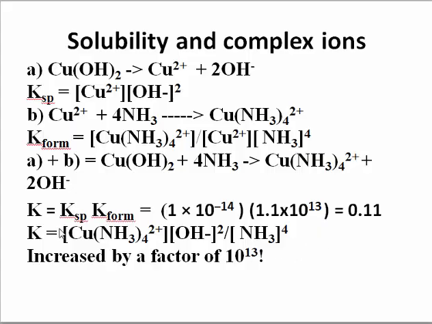And this will be equal to concentration of the complex times concentration of hydroxide squared over concentration of the ammonia. The solubility of the copper hydroxide has been increased by a factor of 13 by allowing the reaction with ammonia to occur.